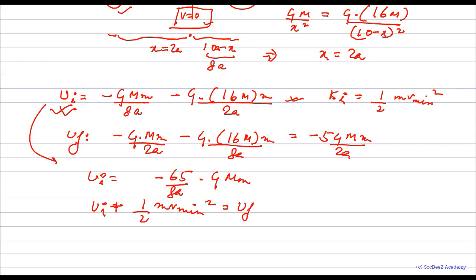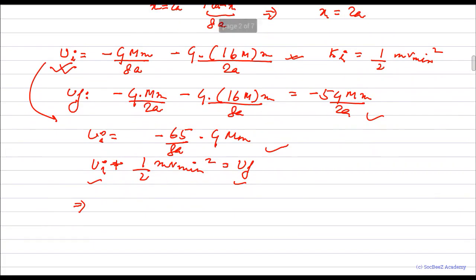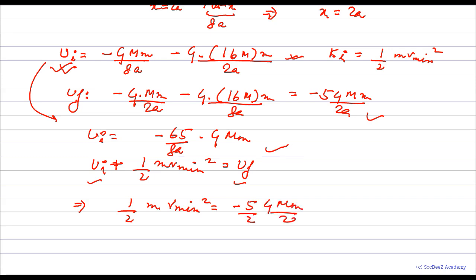If I put in the values of Ui and Uf respectively, I get half m into v min squared equals minus 5 by 2 into G capital M into small m upon 2a plus 65 by 8a into G into capital M into small m.